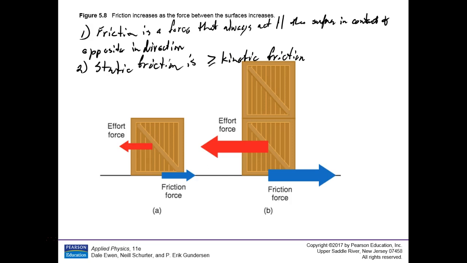They're the same. So that's why I like to put the equal sign there, not just greater than, but greater than or equal to. Never less than. Static friction is never less than kinetic friction, but in certain circumstances may be equal to. So we'll come to the table a little bit later. I just wanted to point out why I say greater than or equal to, because the table said that. The book says just greater than.